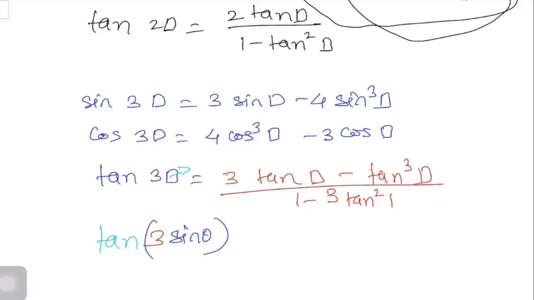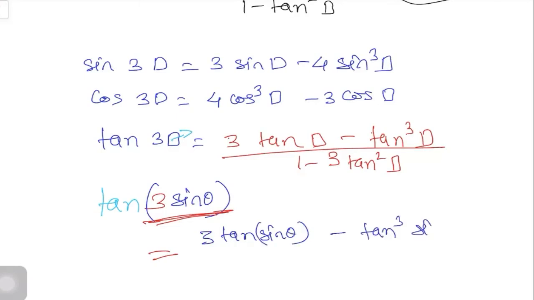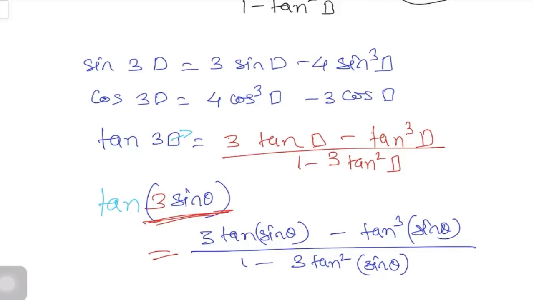So if you want to evaluate this, it will become 3 times tan of sine theta minus tan cube of sine theta divided by 1 minus 3 tan square of sine theta. So this is how you can evaluate.